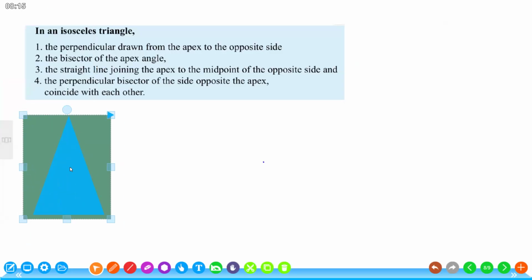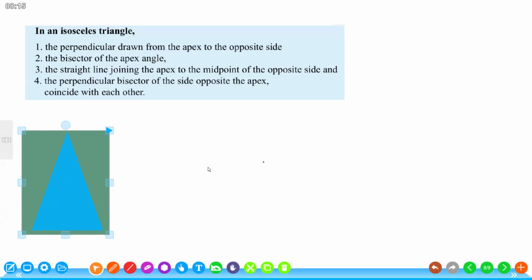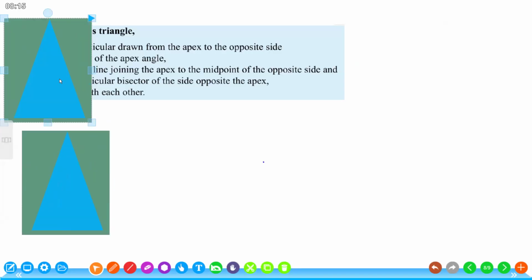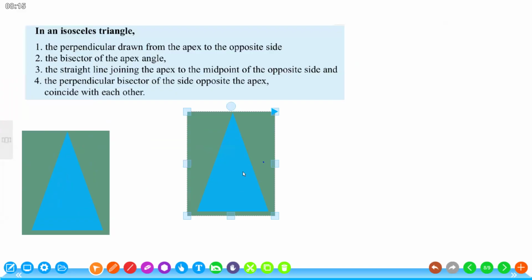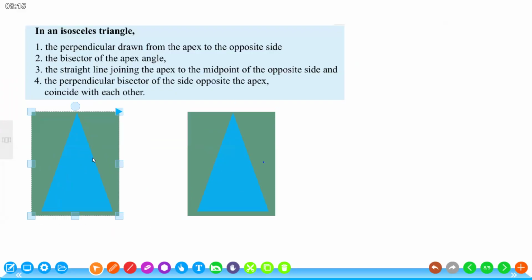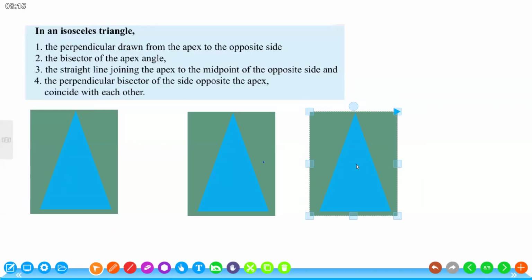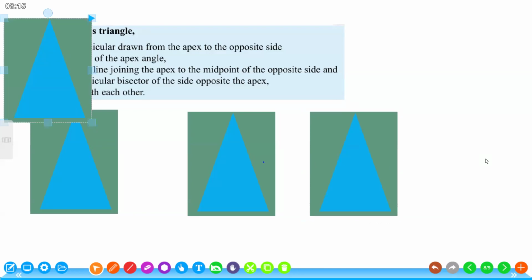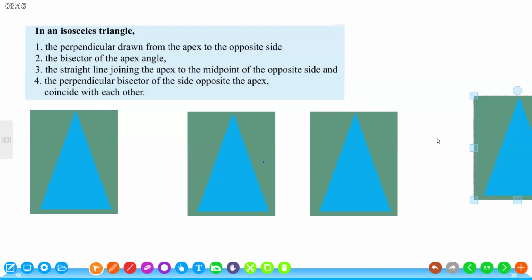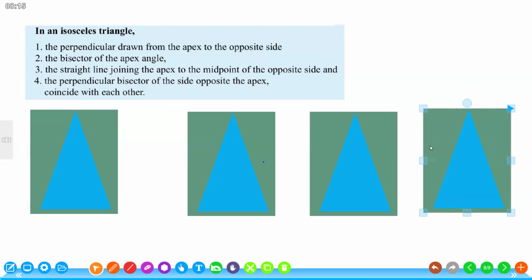The meeting point of the equal sides is the apex, right? Very important thing, students. You can apply this conclusion in the theorem. The perpendicular drawn from the apex to the opposite side.